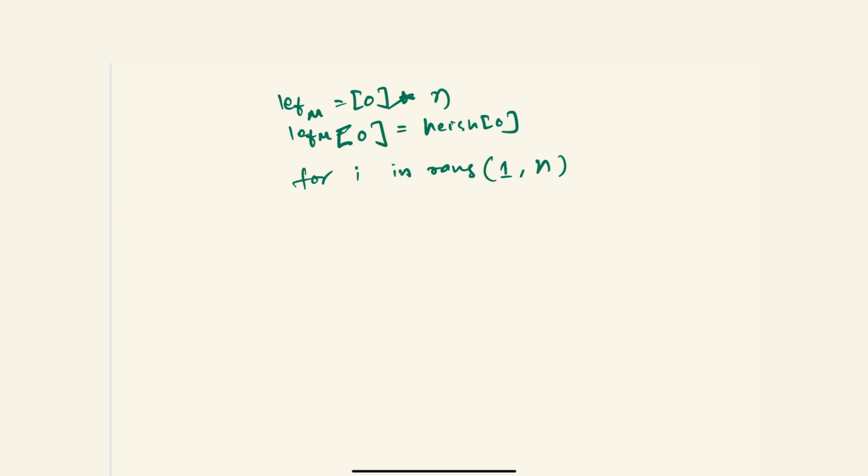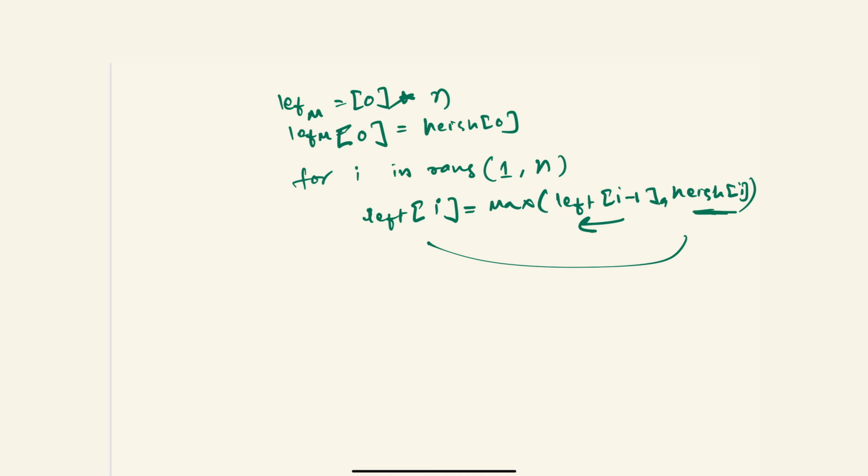Now populate left max of this index. What is that index? The left max at index i will be the max of either the previous value or the current height of i, whichever is maximum, store into the ith index.